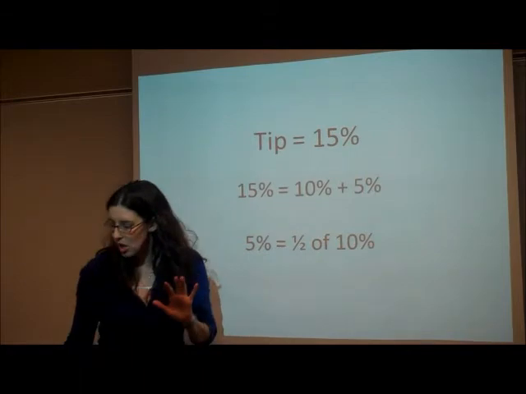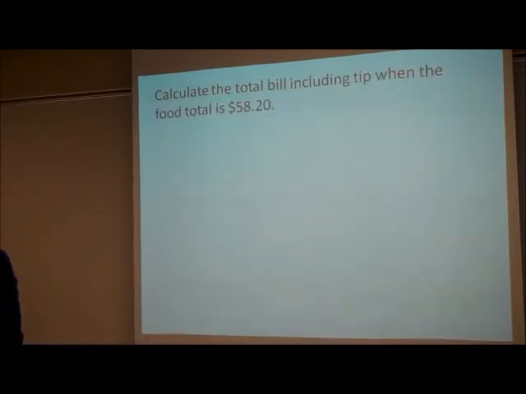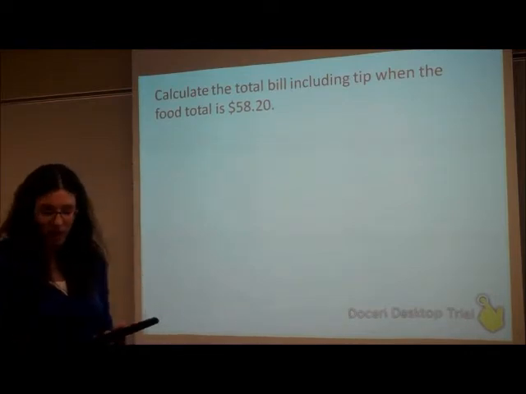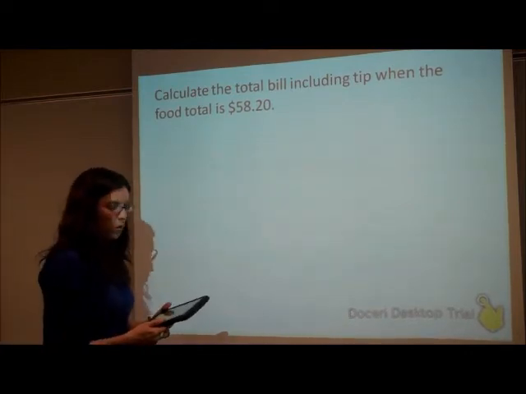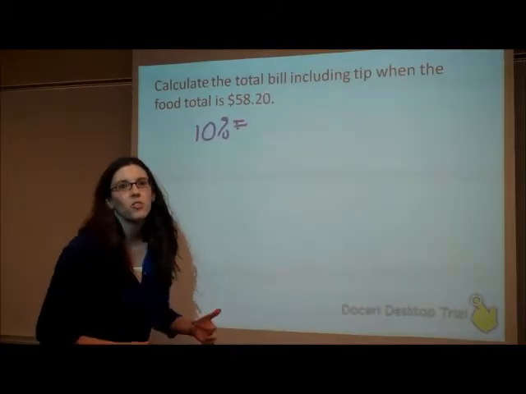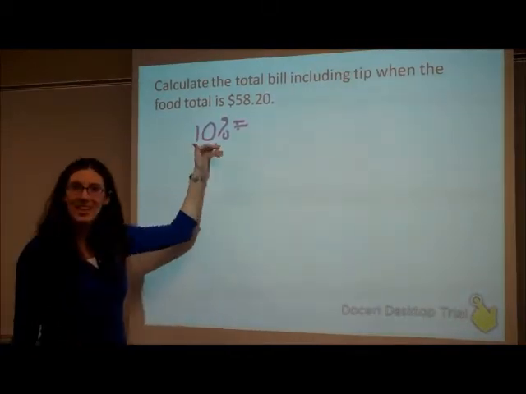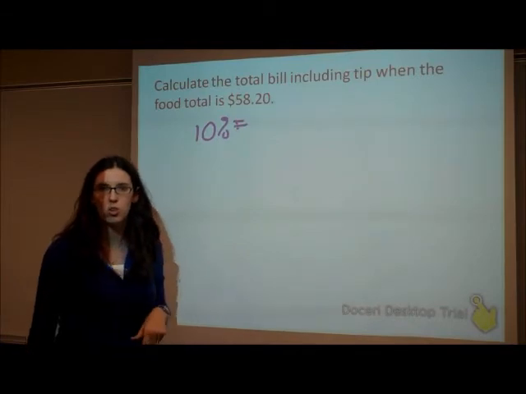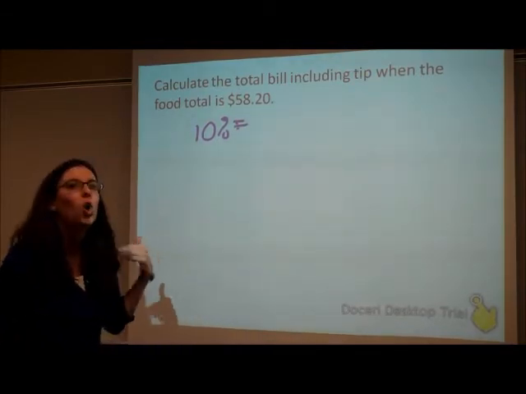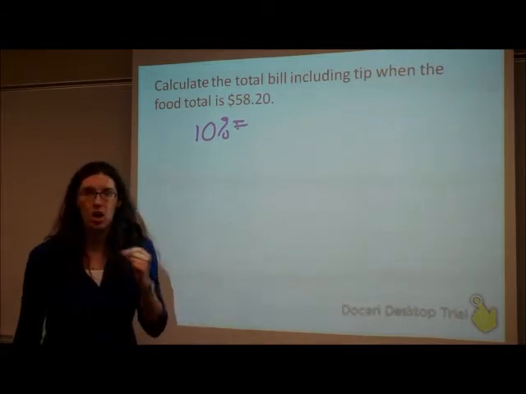Okay? So what we're going to do is calculate the total bill including tip when the food total is $58.20. So to find the tip, we're going to first find 10% of our food total. So remember, 10% is the same as multiplying by 1/10, 0.1. Okay?